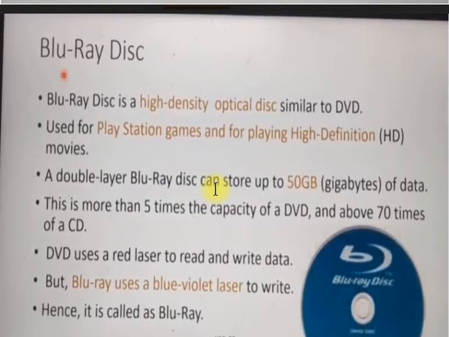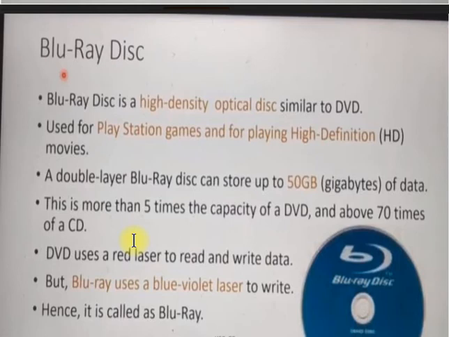Another thing is that with a Blu-ray disc you can store the largest amount of data, up to 50 gigabyte, right? It is more than 5 times the storing capacity of DVD and about 17 times the storage capacity of CD, right? It means it has a higher storage capacity.